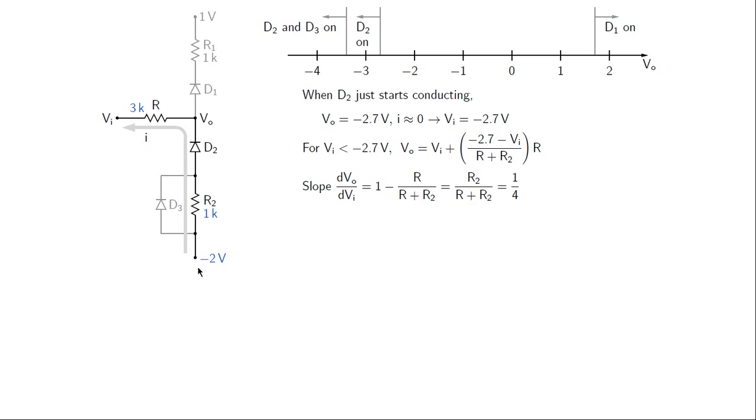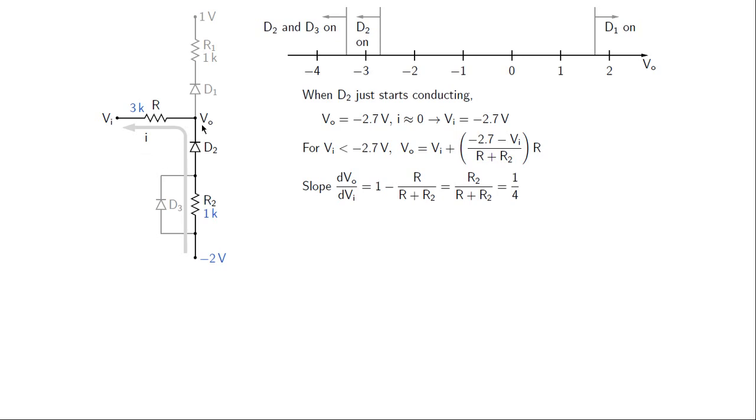This node is at minus 2 volts, this node is at VI. So the total voltage drop between these two is minus 2 minus VI, and from that we need to subtract the diode voltage drop, that is 0.7 volts. So therefore we have minus 2 minus 0.7 minus VI divided by R plus R2. So that gives this current I.